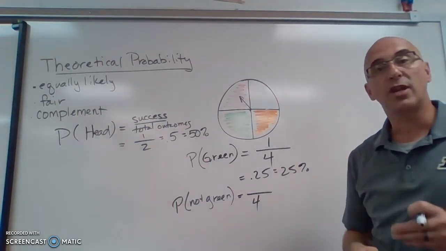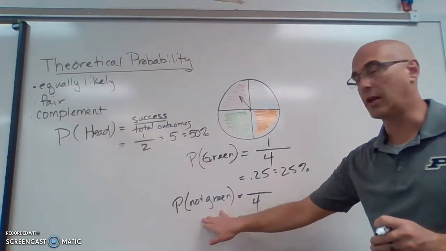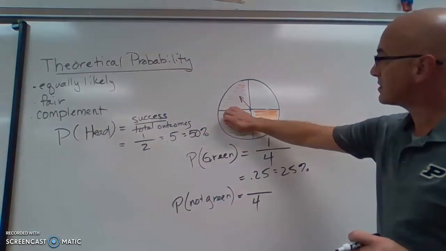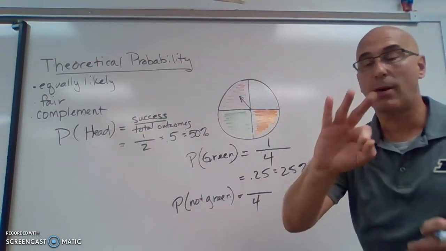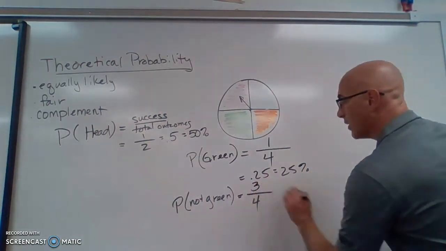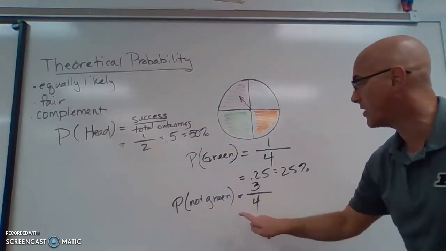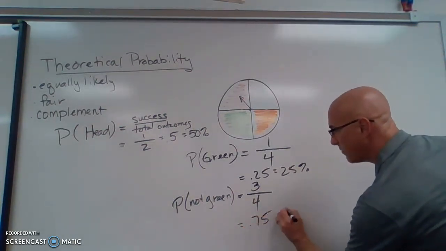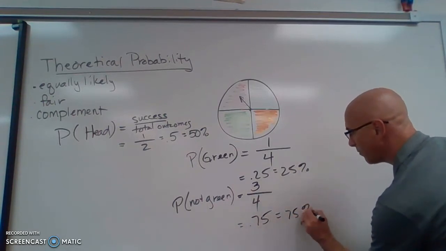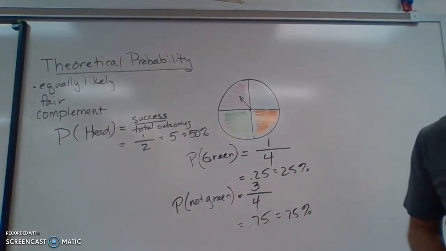Now, how many chances would it be not green? Well, it's everything except green. So that means we have red, blue, and orange. We have 3 possibilities. So in this case, the probability of not green is 3/4, which is 0.75, which is 75%.